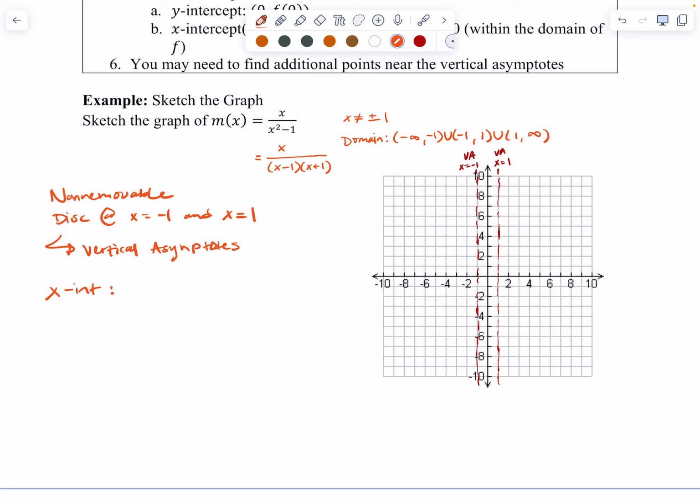What about the x-intercept? Where's the numerator equal to 0? 0. So it's actually the x-intercept and the y-intercept in this case, right? When the origin is the x-intercept, it's also the y-intercept.